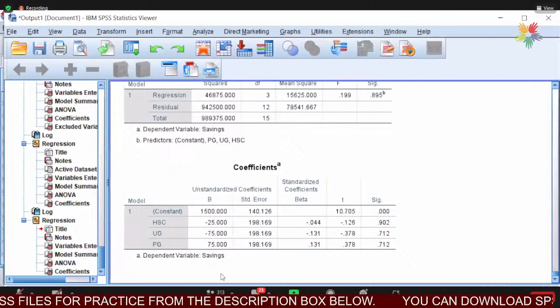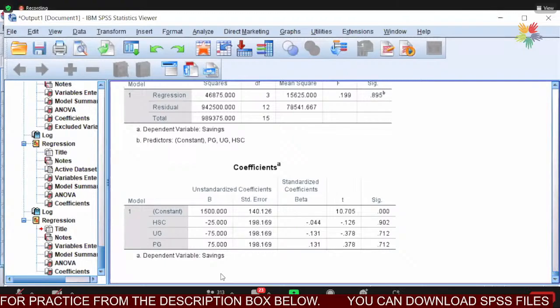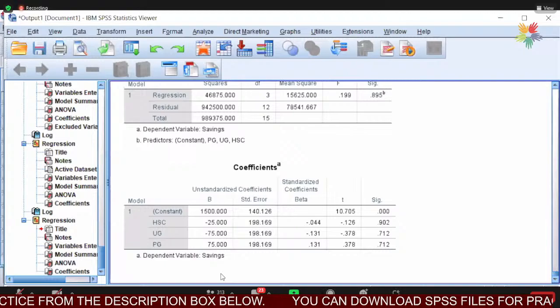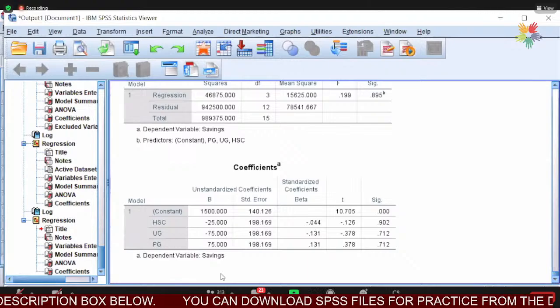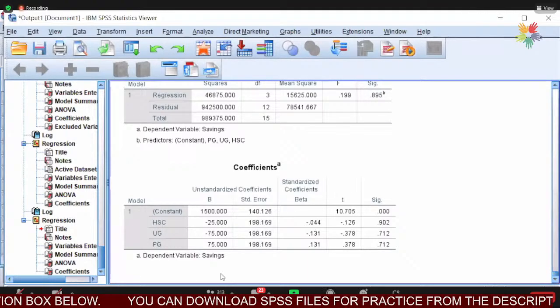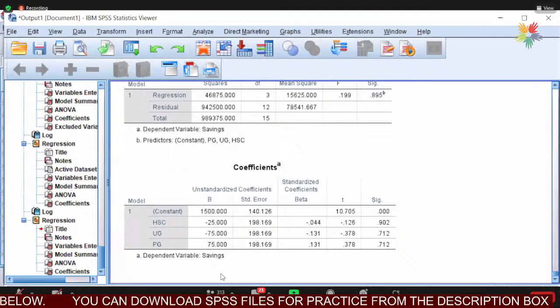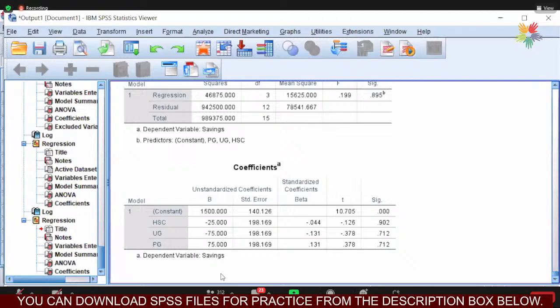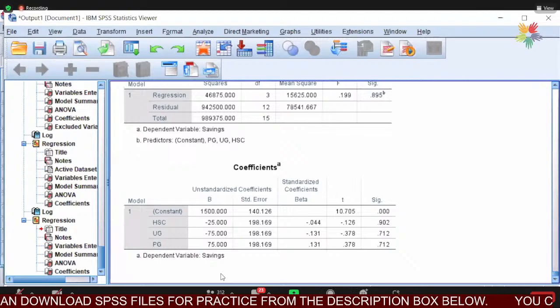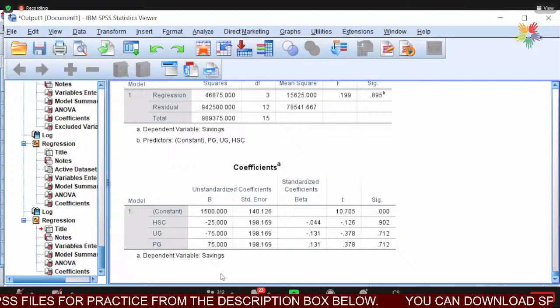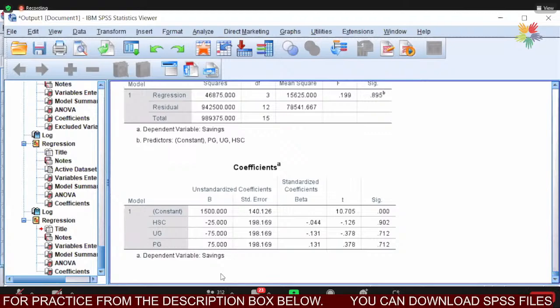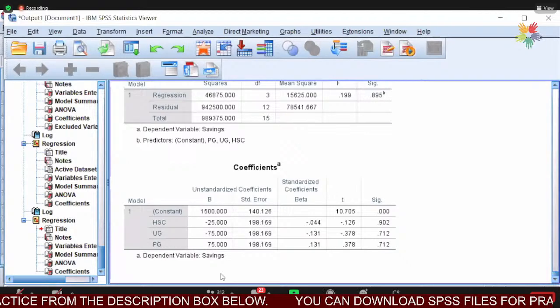The average saving of my reference category, which is PhD, is 1500. The average saving of HSC people is 25 rupees less than the reference category.